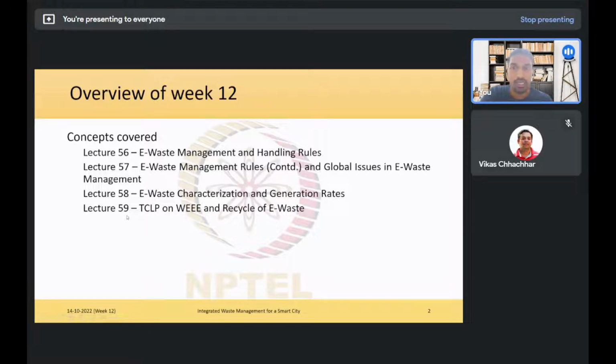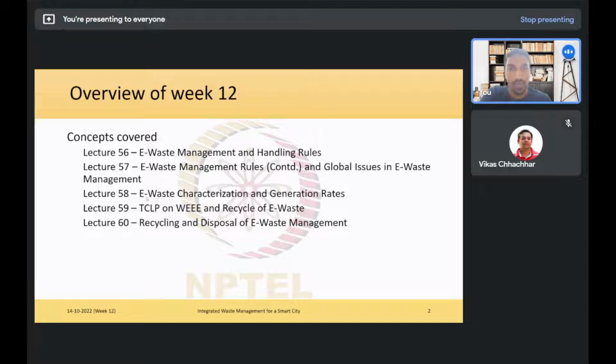In the fourth lecture, we looked at the TCLP test performed on WEEE, and then the recycling of e-waste: how e-waste should be recycled, how most of the e-waste we generate is being improperly recycled, and the health and environmental issues associated with that. In the final lecture, we continued with the recycling process, and also looked at what happens to the e-waste that cannot be recovered, reused, or recycled, so it has to be disposed of.